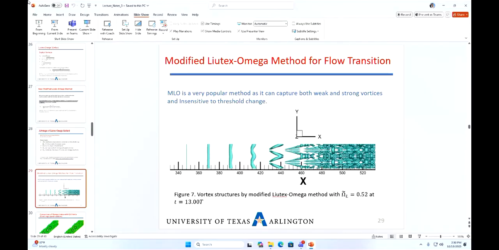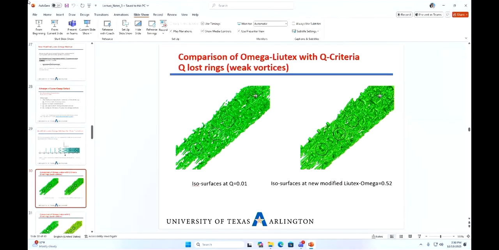They pick omega 0.52. Well, epsilon, be careful that you need to adjust it, but not very much. Well, if we use the Q method, you can still see a similar structure, not exactly similar.